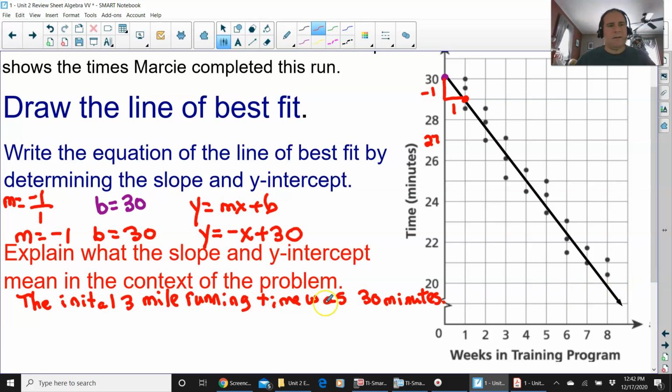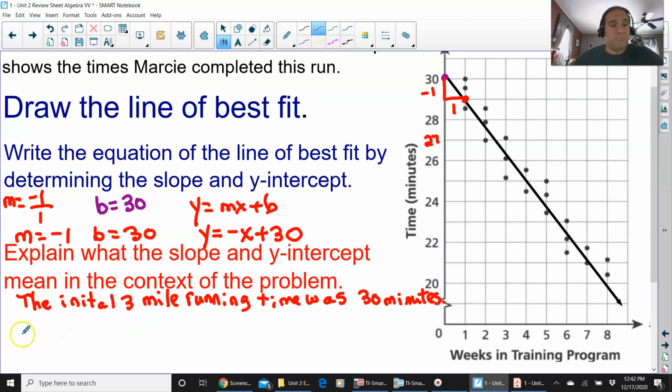So as the weeks went on in the training program, look at how the times for the 3-mile run decreased, because the person was getting faster and faster.